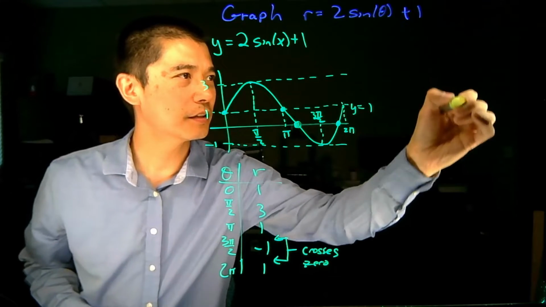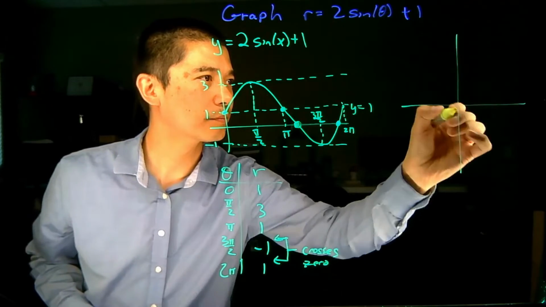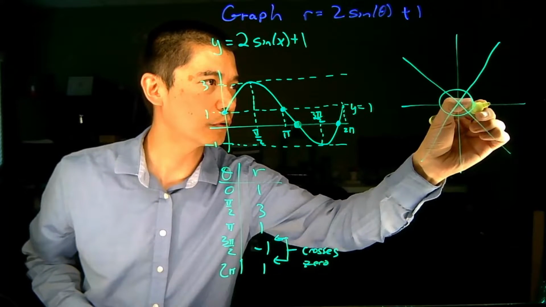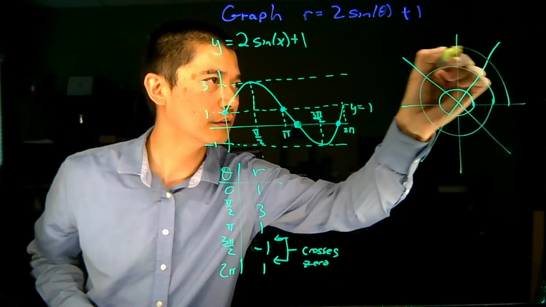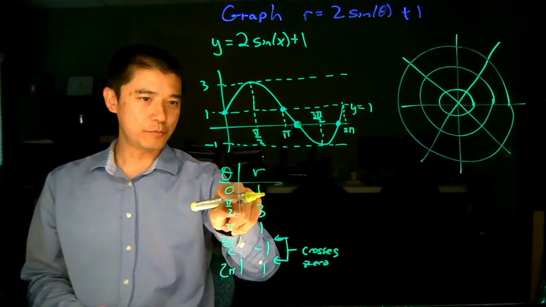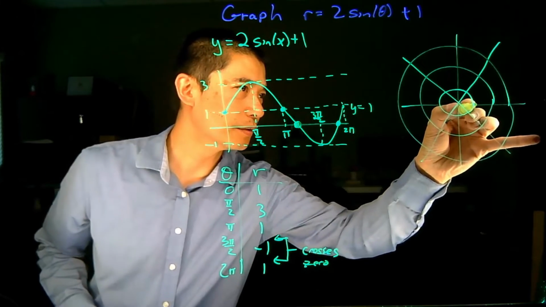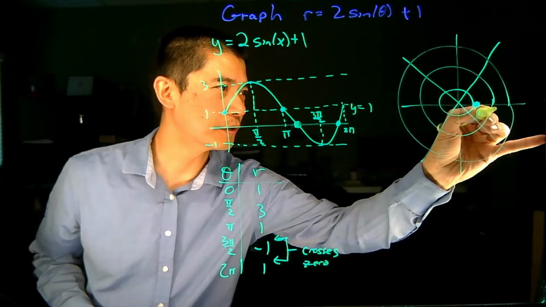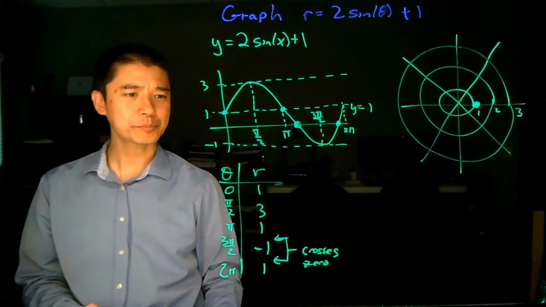Let's take a look. So let's plot our coordinate grid here. Okay, so when theta is equal to 0, r equals 1. In this case, we have this as 1, 2, and 3, like that.